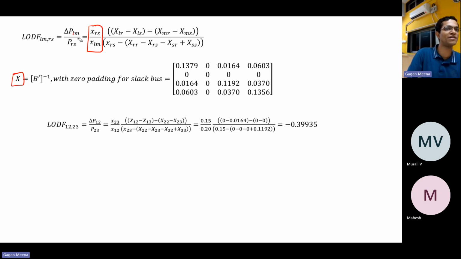First take the line which you are monitoring: XLR minus XLS minus XMR minus XMS. M is also for the line which you are monitoring.